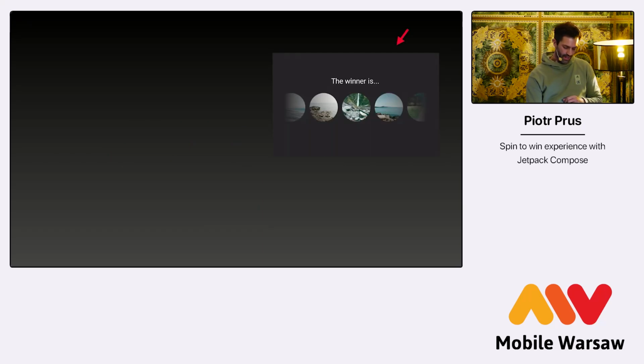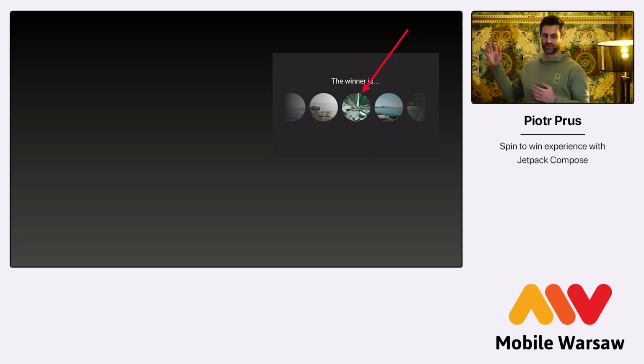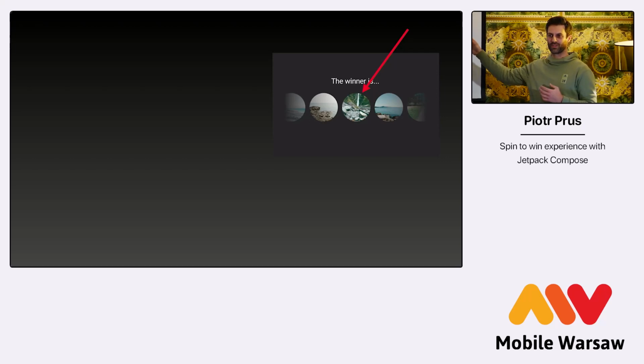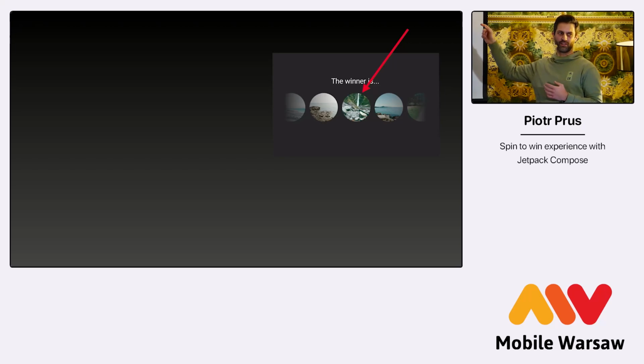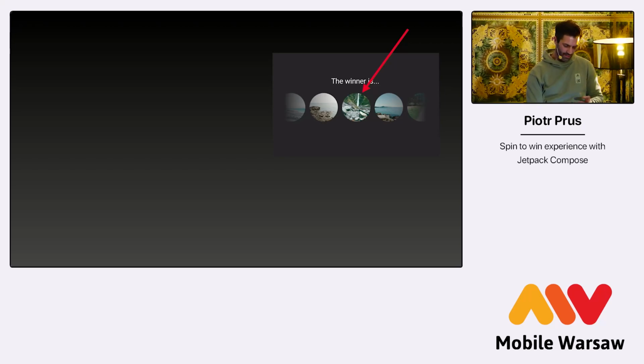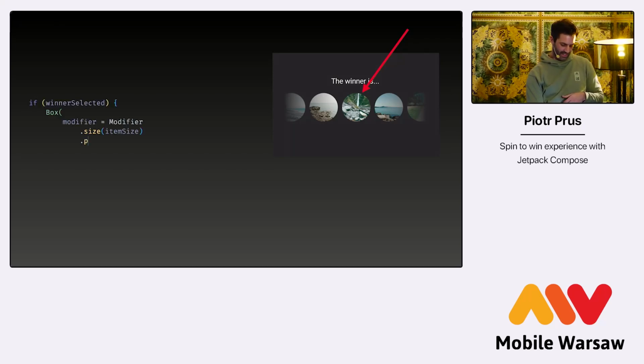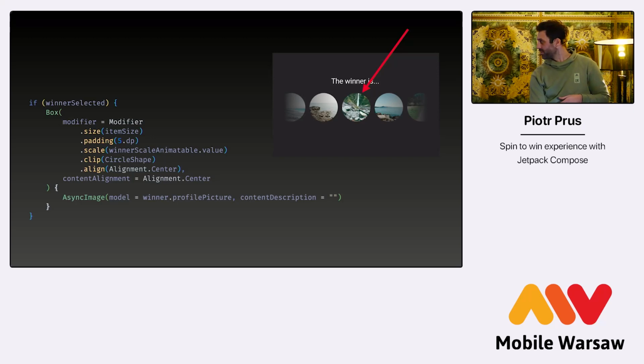So the way we are revealing the winner is that we know the winner. We know that this will stop exactly at the center of the viewport. So we are just putting another view underneath. And since it's computer graphics and the size will be exactly pixel to pixel the same as the one from the carousel, we are just aligning it to center, and this is all we really need to do.